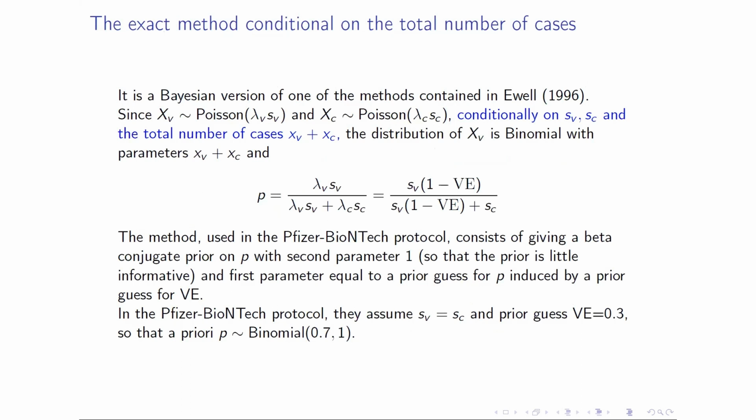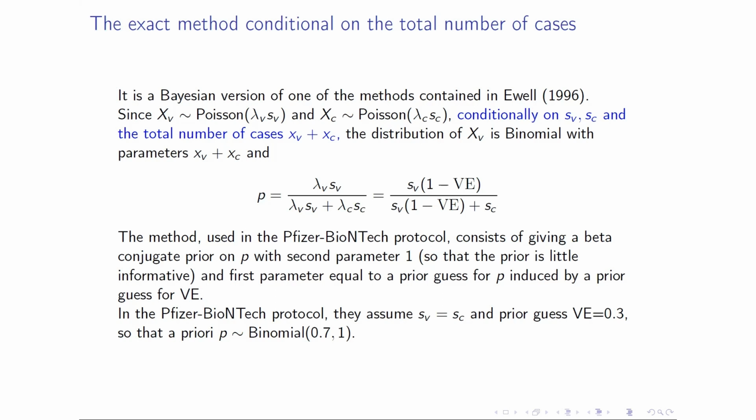All right, so when we look at this exact method, which conditions on the total number of cases and is reported in UL 1996, it's a standard credible interval for Bayesian analysis of binary observations with a conjugate prior, so a beta prior for p, except that it's revisited in terms of vaccine efficacy.